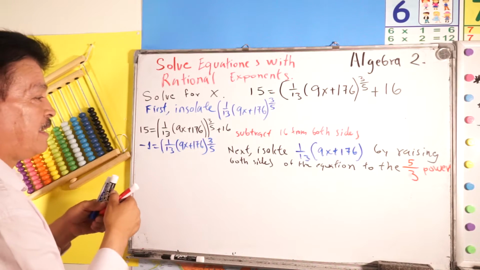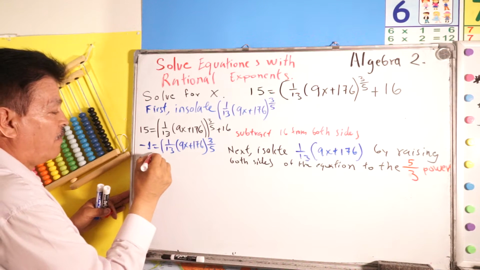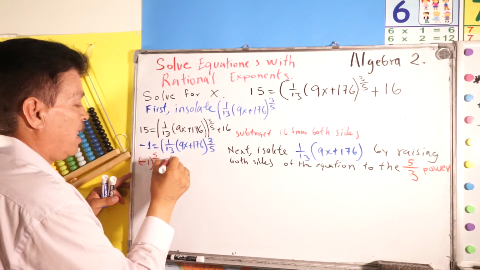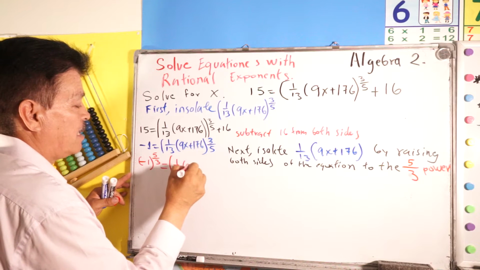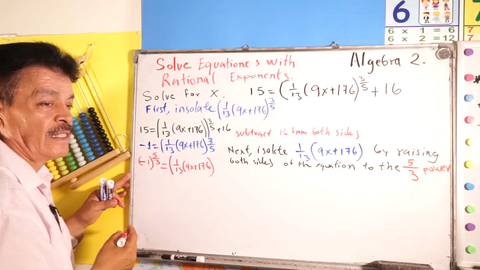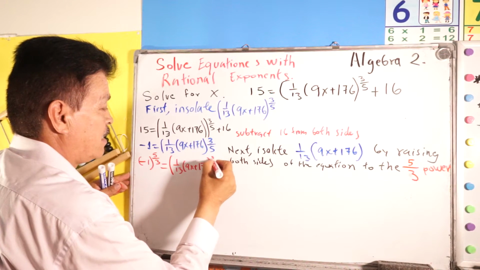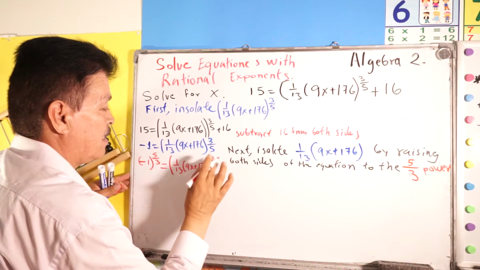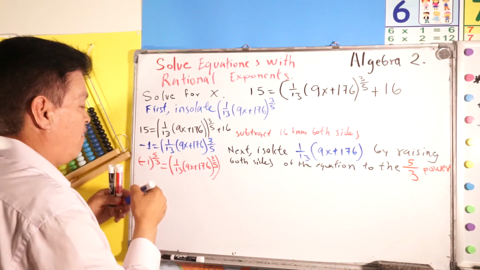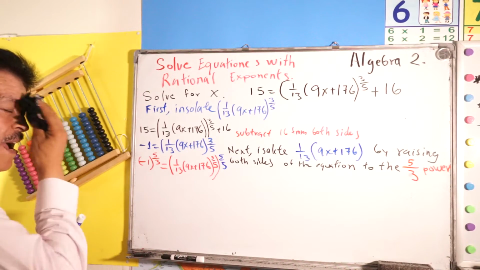Then we will have negative 1 to the 5/3 power equals everything here, 1/3 times (9x plus 17) to the 3/5 times 5/3. All right, so now simplify this.